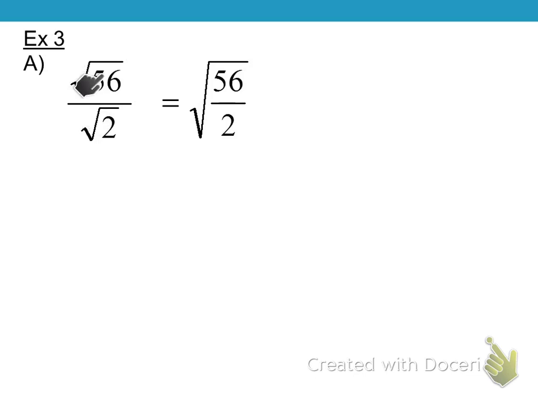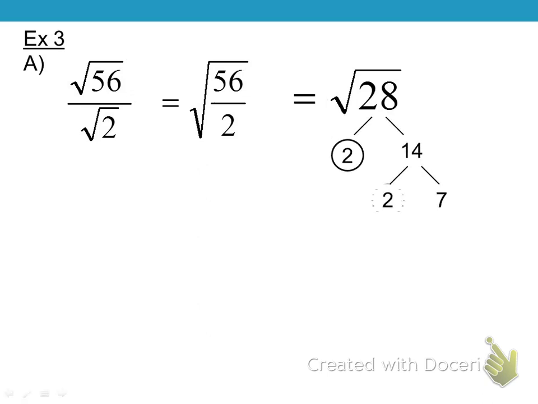So I'm going to make it one big radical, and then I'm going to simplify the fraction. So I made it square root 56 divided by 2, and then I did 56 divided by 2. And I got 28. Now I can do a tree for 28. And who's coming outside? The 2. Square root 7.